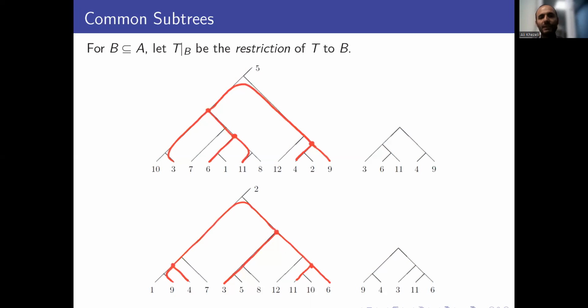This common subtree is a measure of similarity of the two trees. For example, assume two people have drawn two trees of life, but they are not exactly similar. There is some difference between the two trees. The larger the common subtree is, the more similar we say the trees are. So this largest common subtree measures the similarity of two trees.